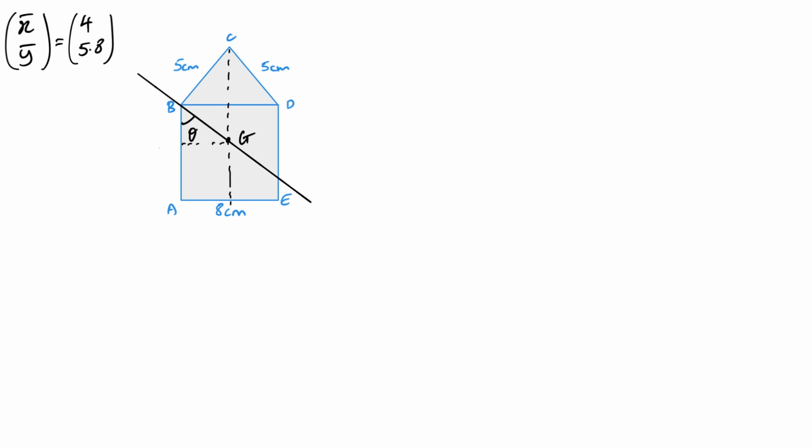So we've got this triangle, haven't we? We know where G is, and because of that we can easily work out this angle here, B, G. We know that G is at 4 across and 5.8 up, and we know that B is at 8 up.